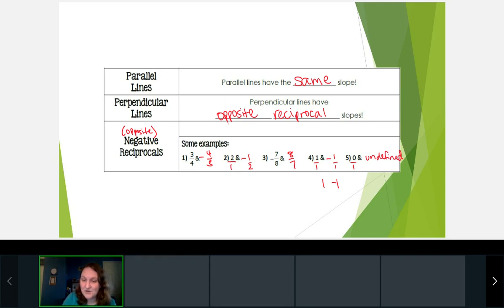Because when you flip-flop a 0 and a 1, you get a 1/0. And remember, you can't divide by 0. So that's undefined. This is what happens when you see a vertical line and a horizontal line. You're going to have one with a 0 slope and one with an undefined slope. Yeah, we'll see that again in a moment.